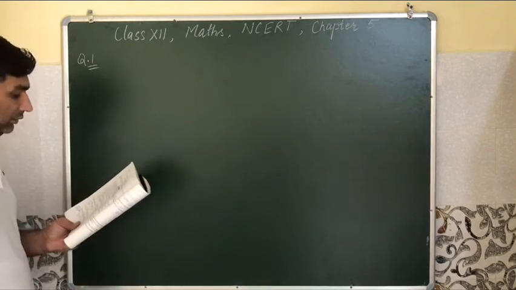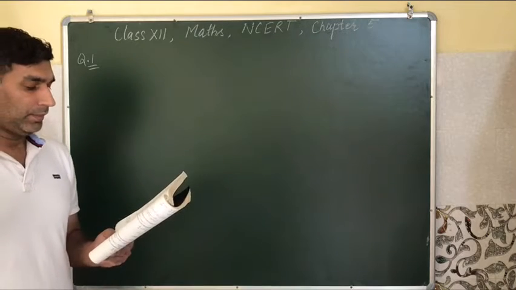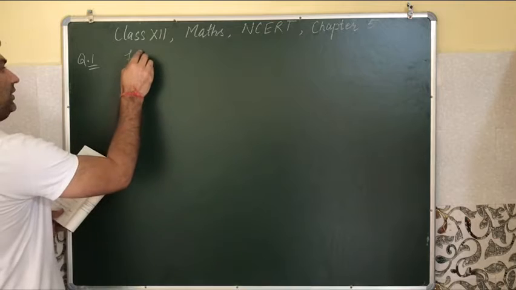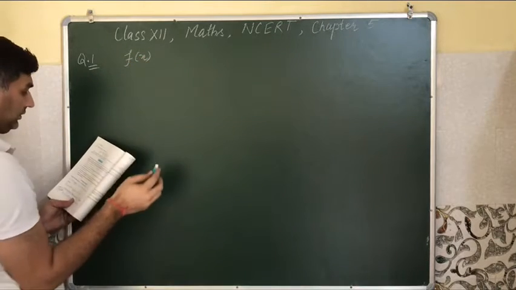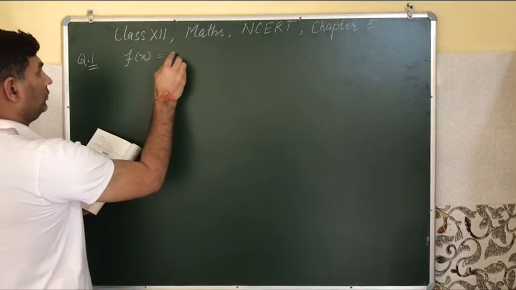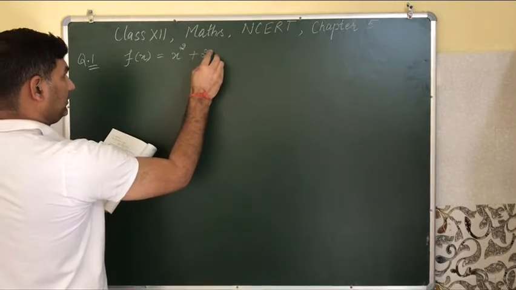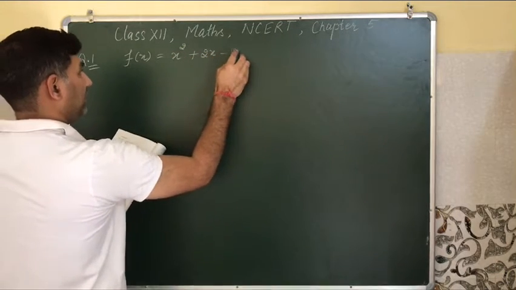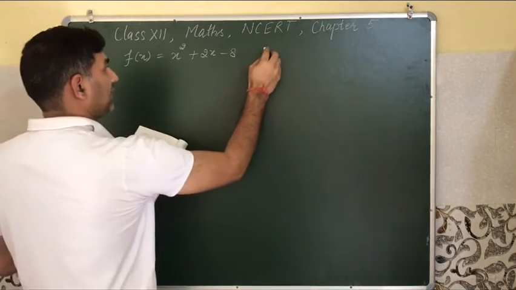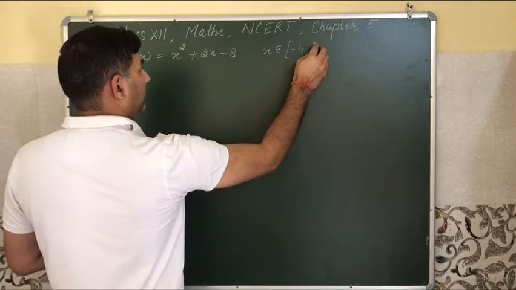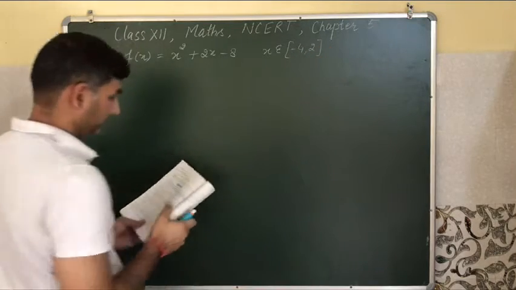Verify Rolle's theorem for the function f(x) given. This f(x) is equal to x square plus 2x minus 8, and this x belongs to the closed interval [-4, 2].